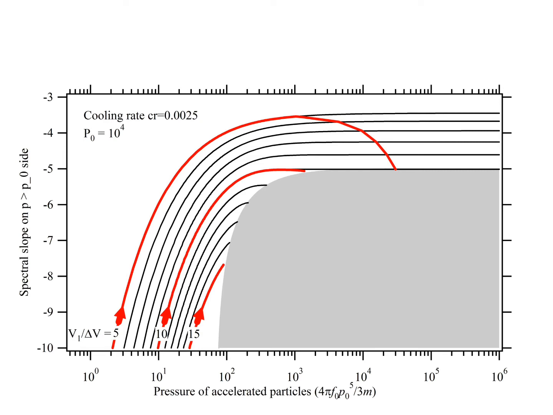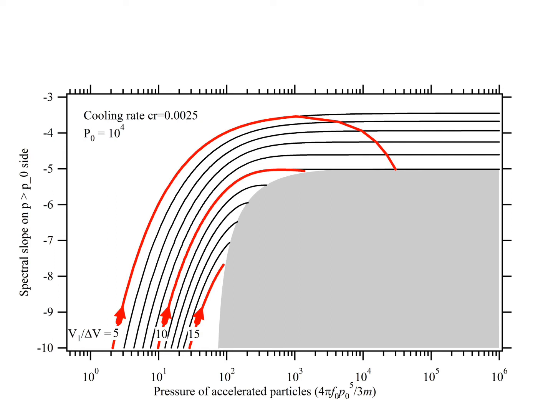If the pressure is too large, it can decrease the plasma fluctuation amplitude, and then eventually the amplitude decreases to so low and the spectral slope stops at p to the minus 5.